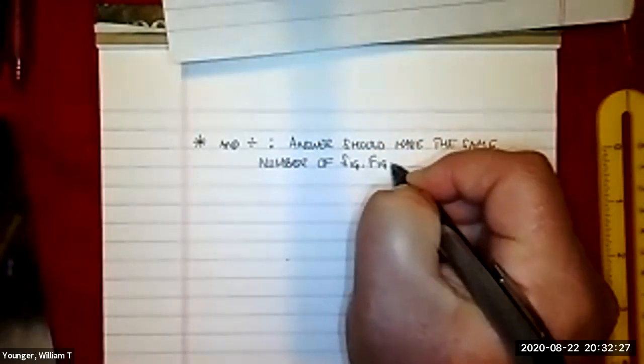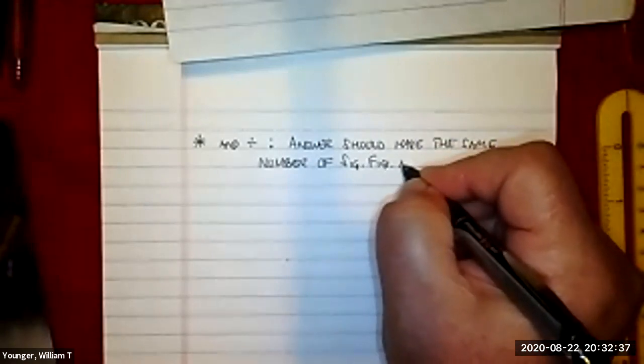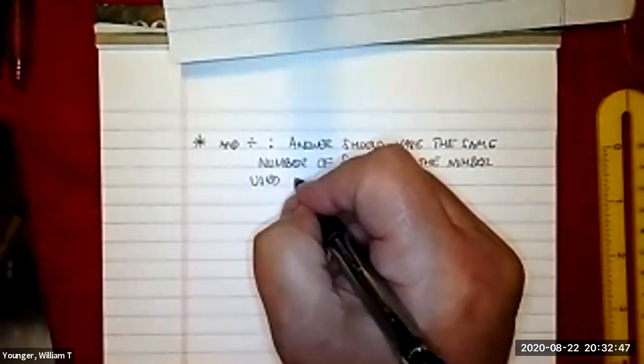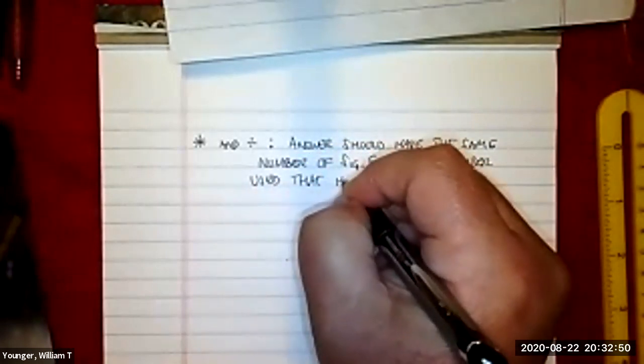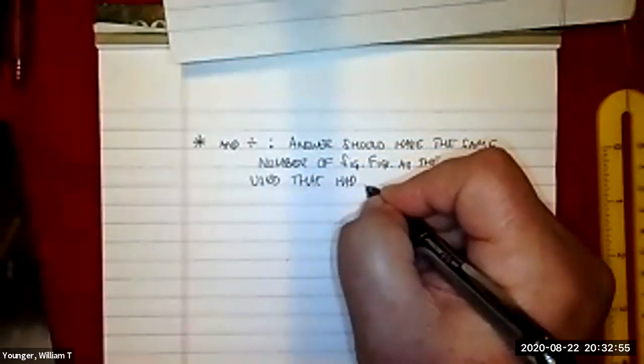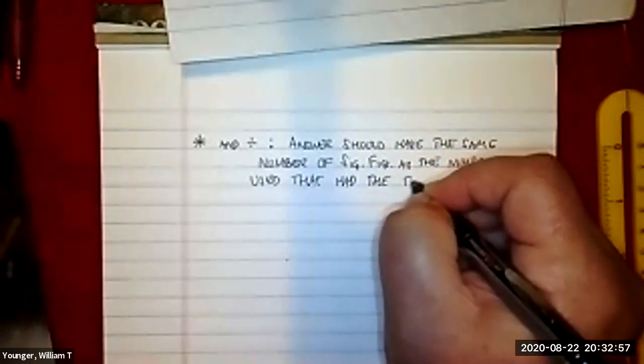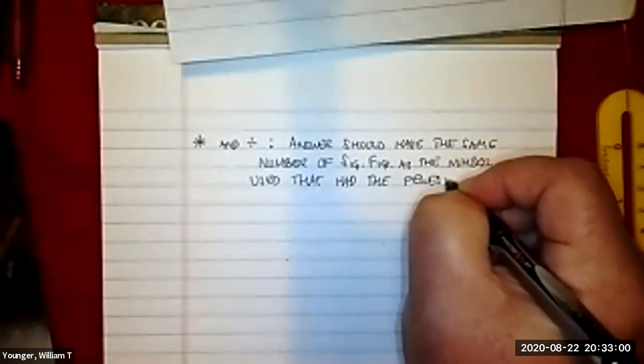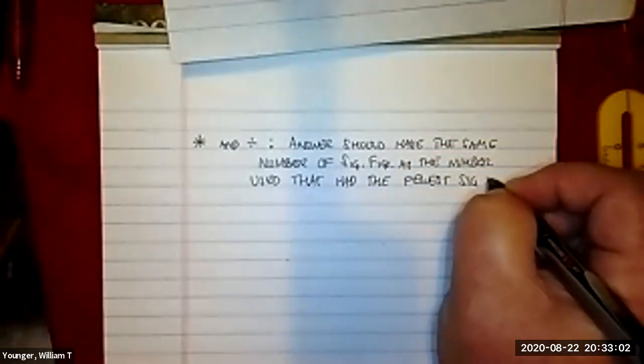Notice I'm flipping back and forth between using significant digits and significant figures and sig figs. I want you to get used to that. So the answer should have the same number of sig figs as the number used that had the least. I know that's an ugly sentence, but you should be able to understand it given the context: that had the least or fewest sig figs.